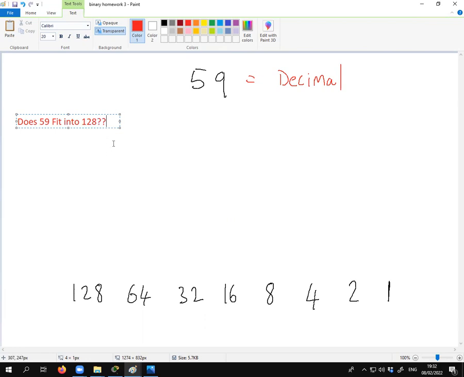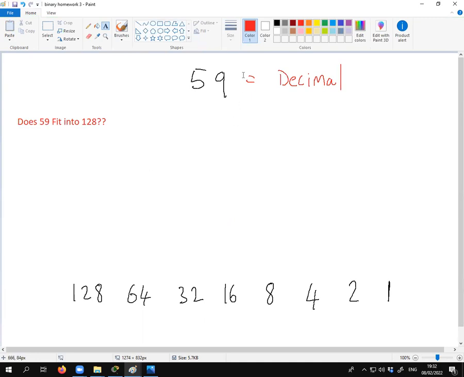You start at 128 and ask, can you physically fit 59 into 128? No. So you put down a 0, because 0 means there is no value of 128 here. And you move across.